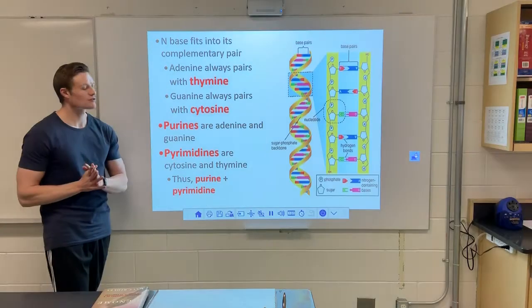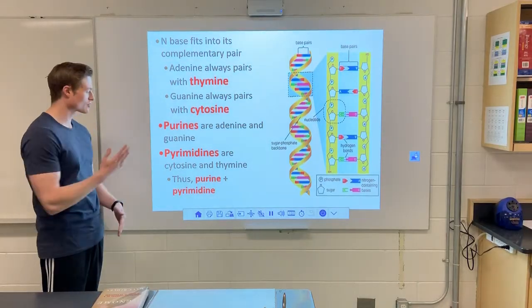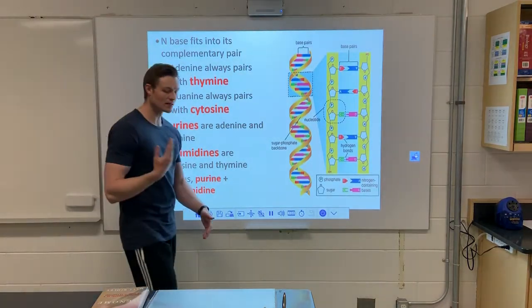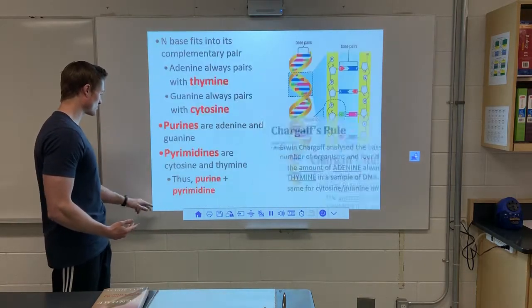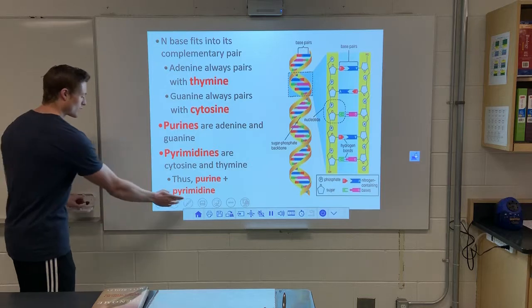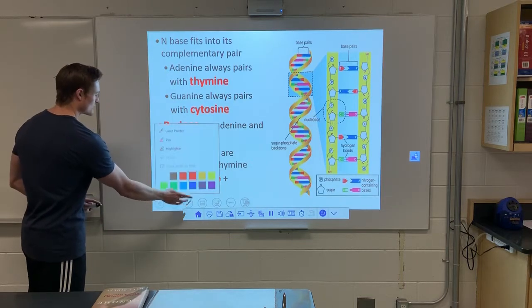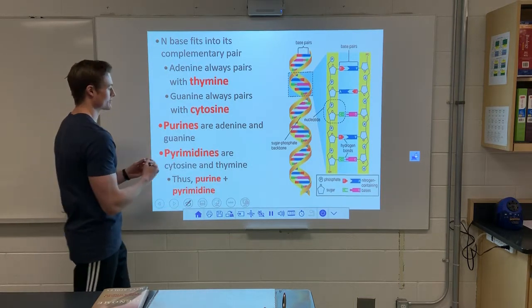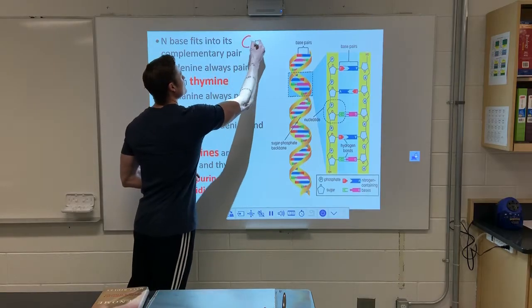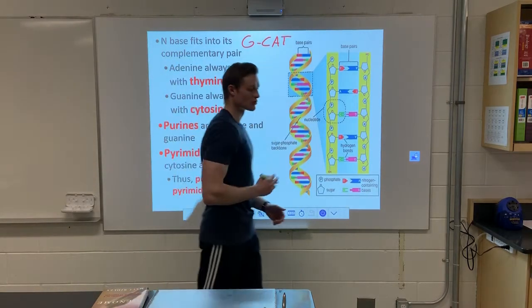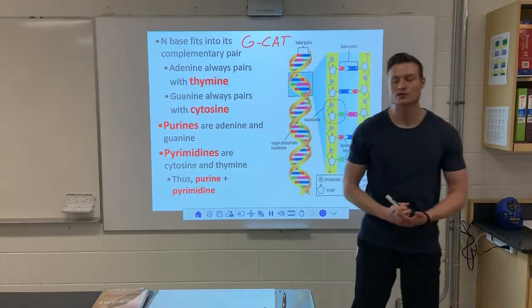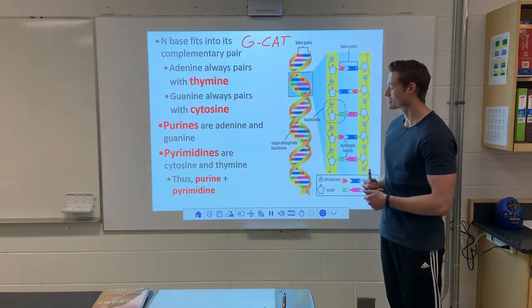Now, when we have those nitrogen bases fitting together, we have a pairing. A good way to remember this pairing is the acronym GCAT. G, guanine, always pairs to C, cytosine.